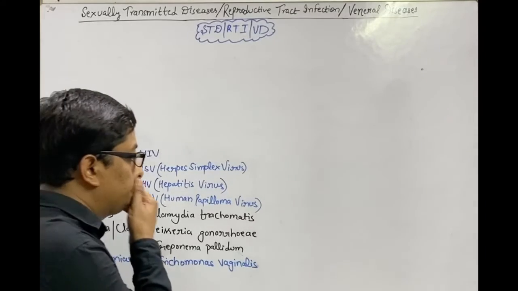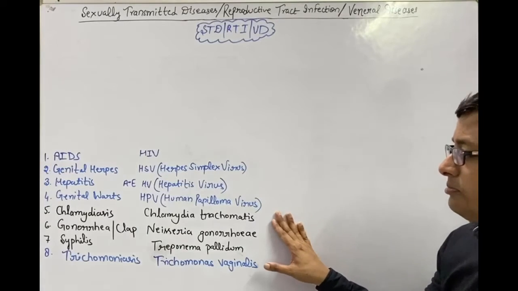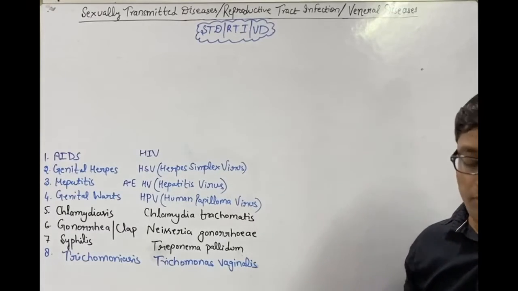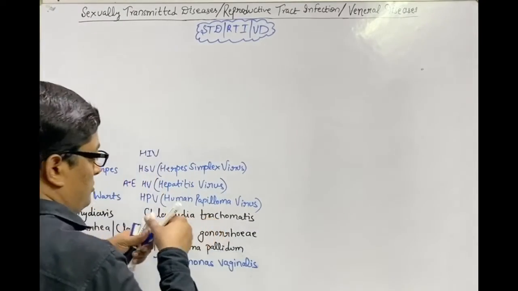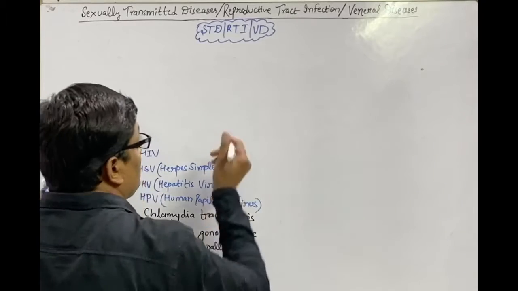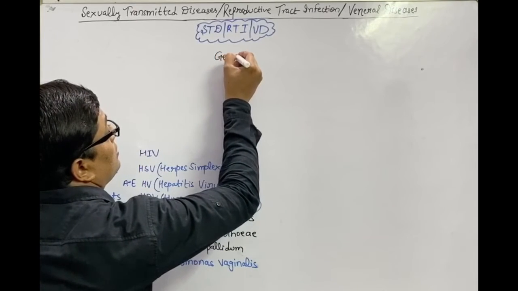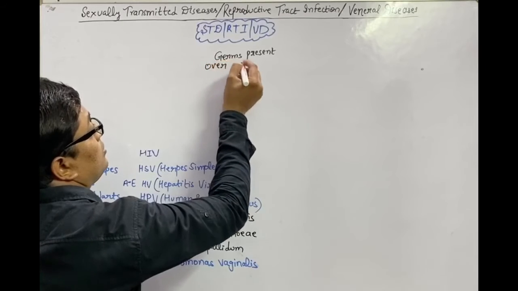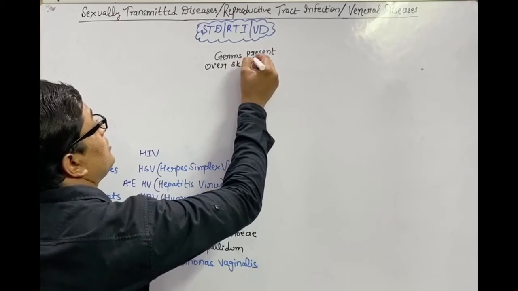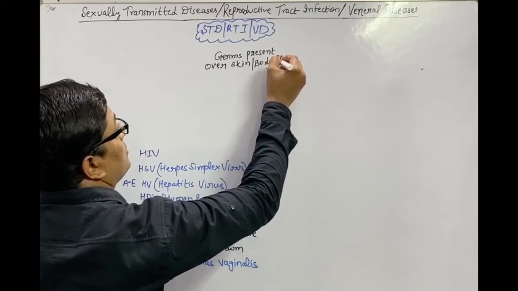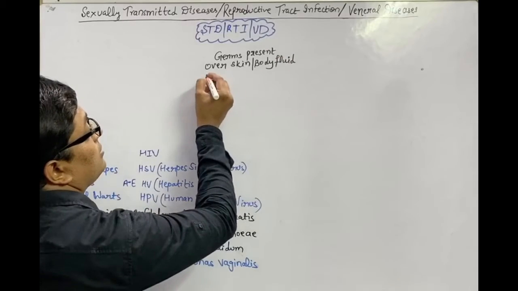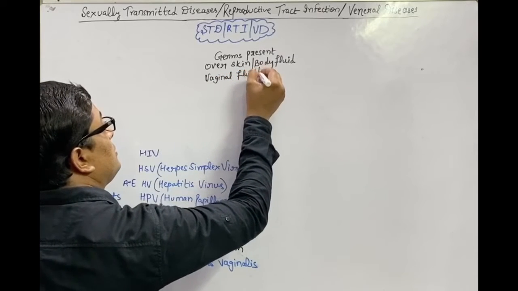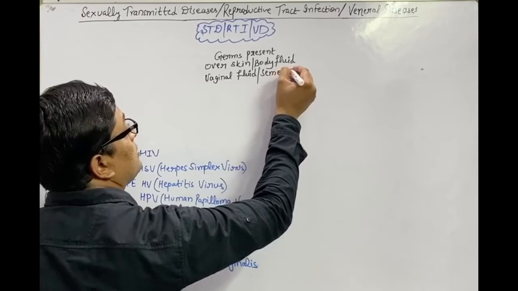These germs are present on the skin or in the body fluids of the infected person, body fluids like vaginal fluid, seminal fluid or semen, or blood.